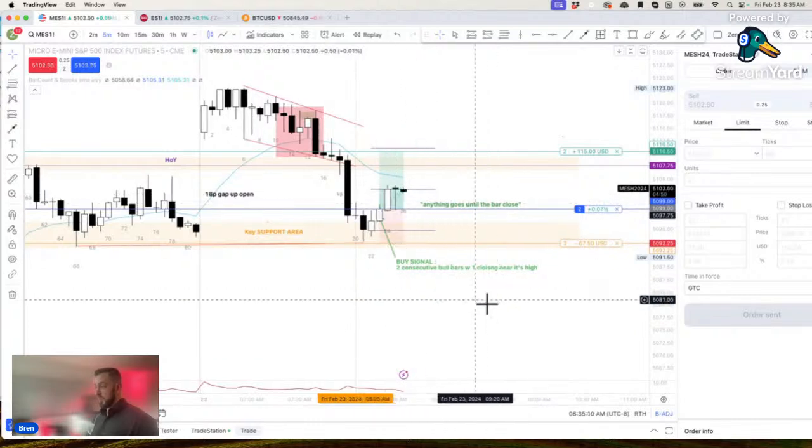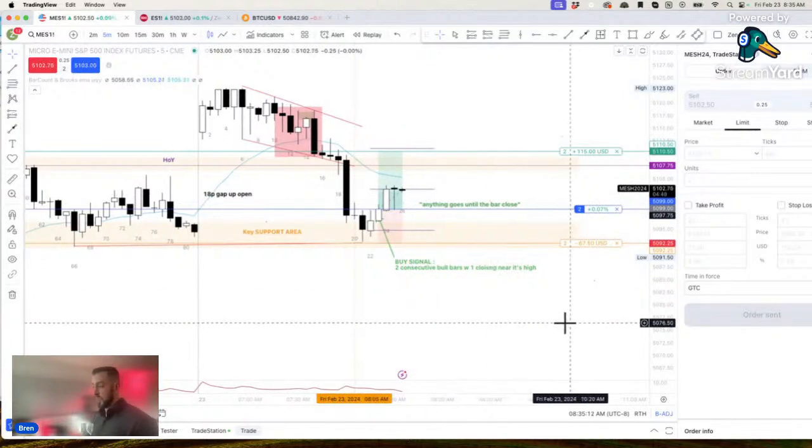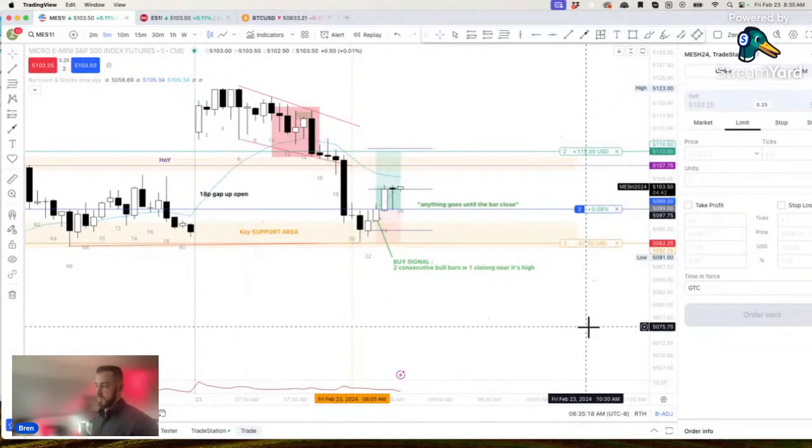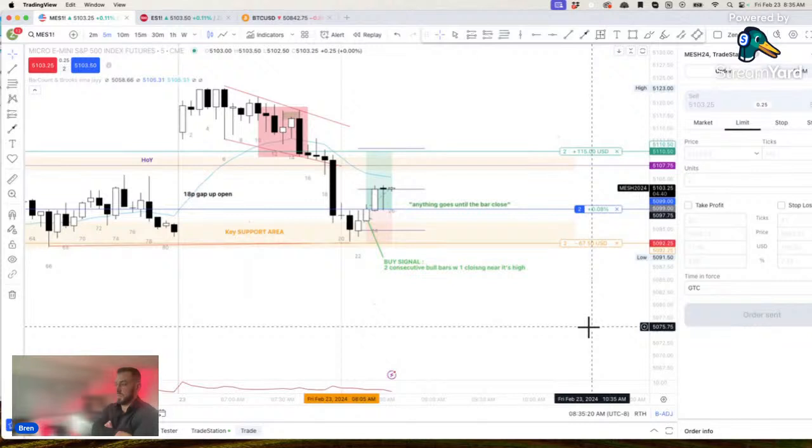This bar there, good for the bulls, I guess. That's what we like to see. We get paid to wait.